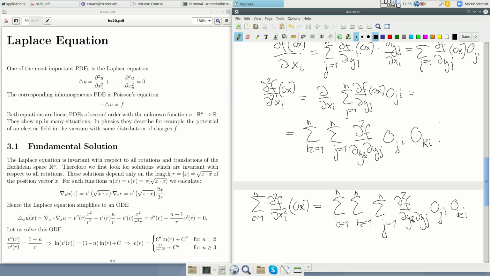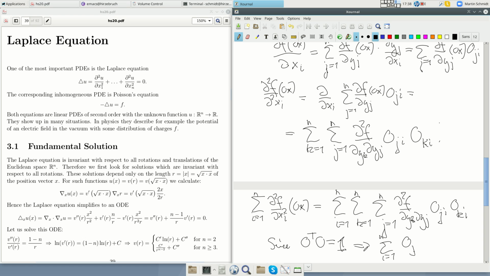And now of course we can reverse the order of the sum. Since O transpose O is the unity matrix, here we get exactly this expression.